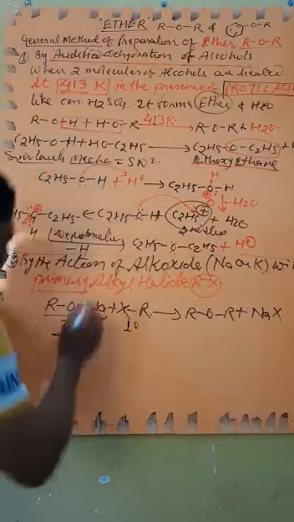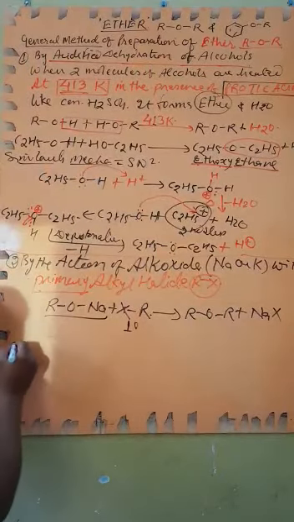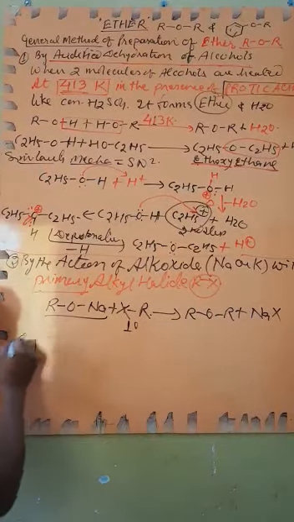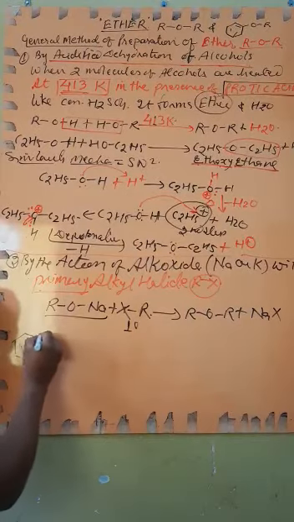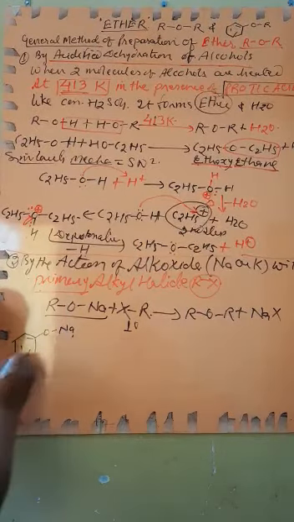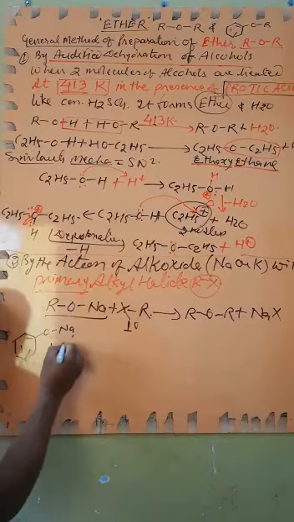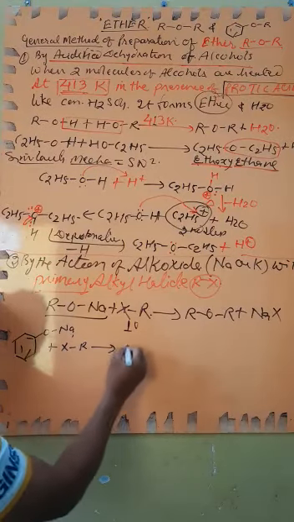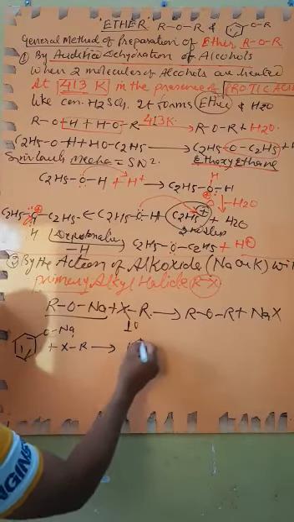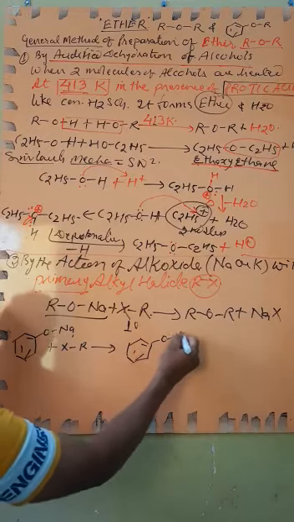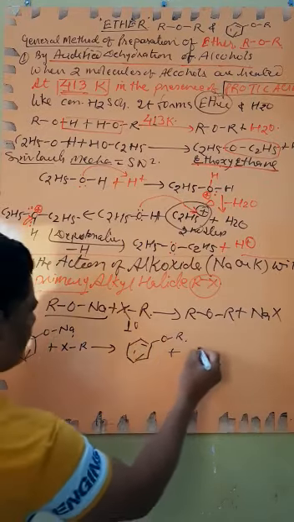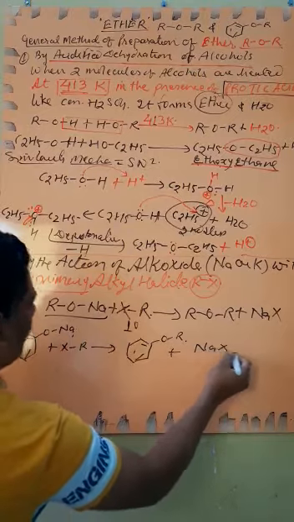Similarly, if we have to form mixed ether, then we can also write here ONa, that is sodium phenoxide, plus XR, it forms mixed ether, ROR plus NaX.